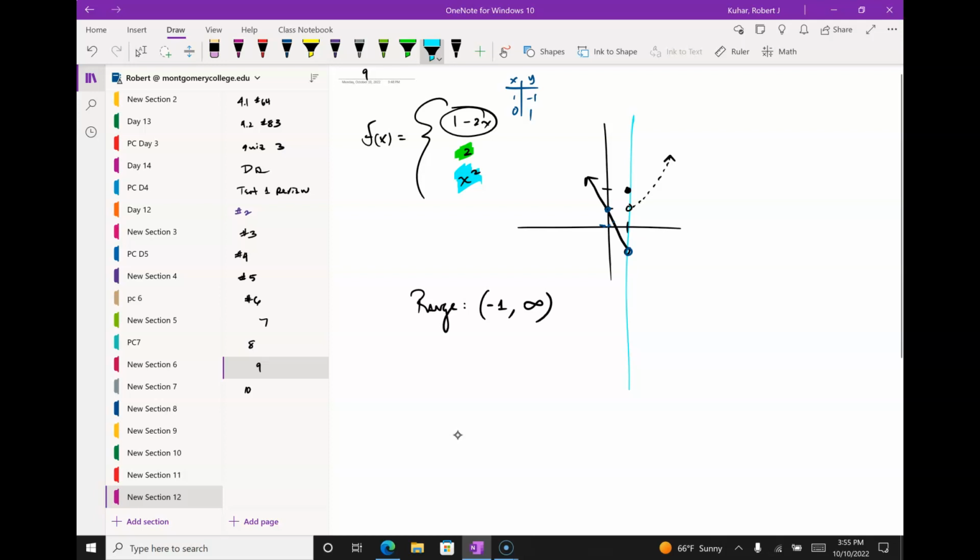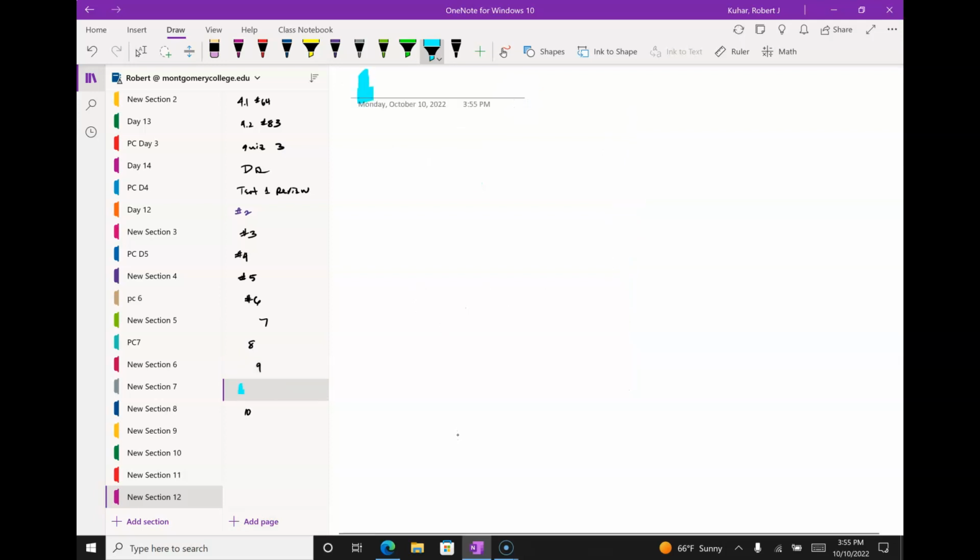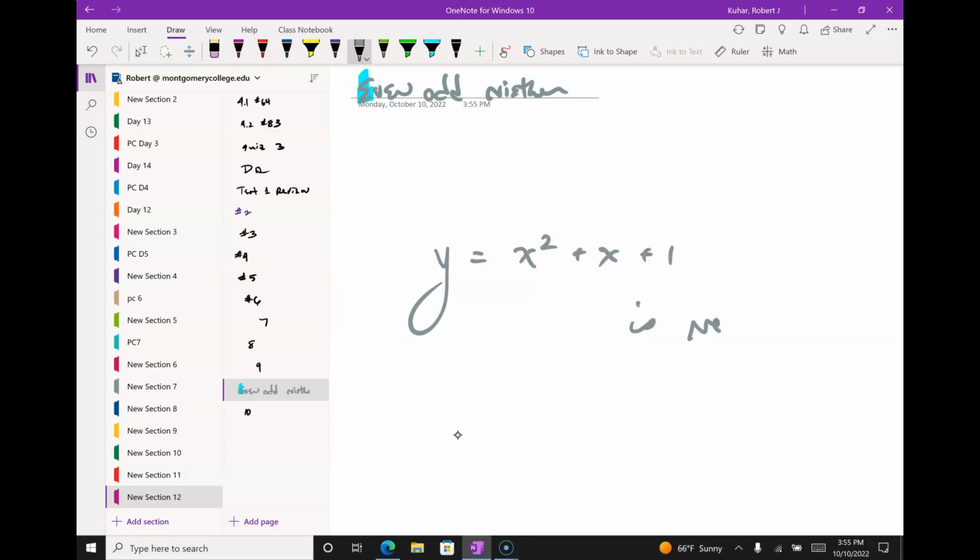Say again? Number 7. Yes, I'm probably going to put a neither on there. You want me to do a neither? Yeah. Yep. So y equals x squared plus x plus 1 is neither.